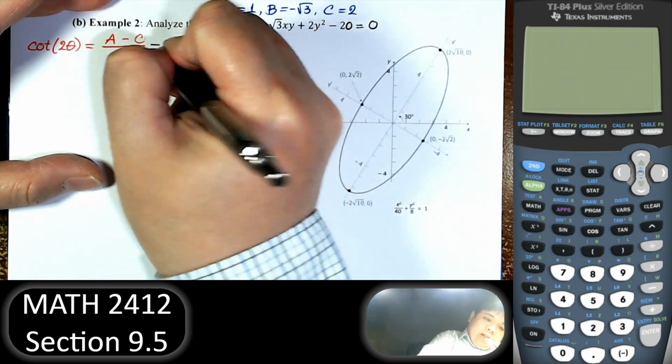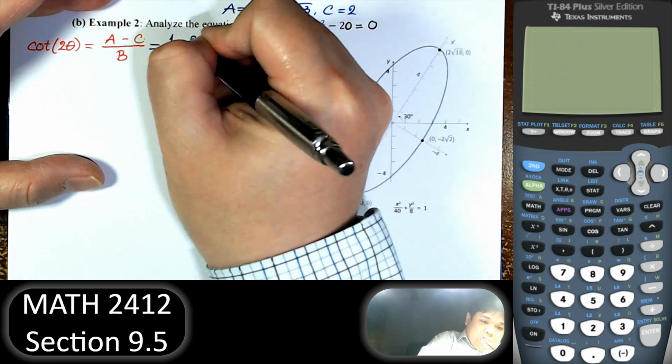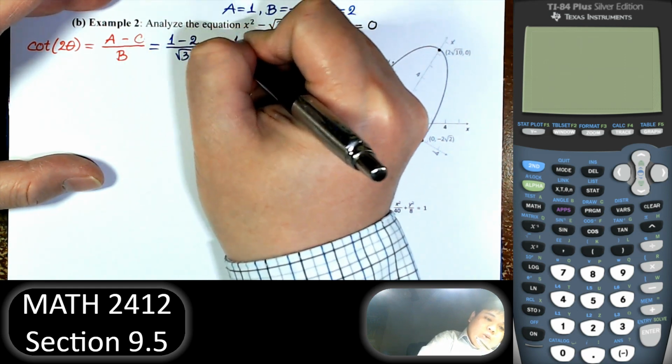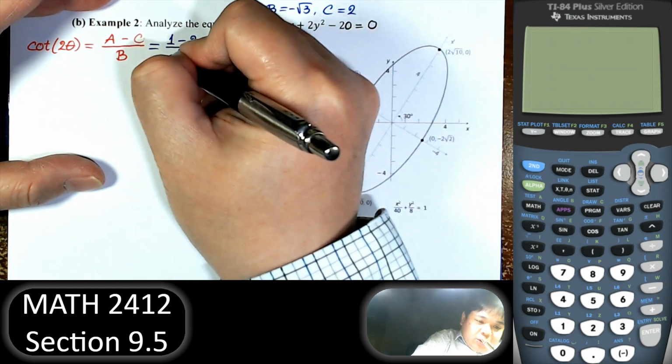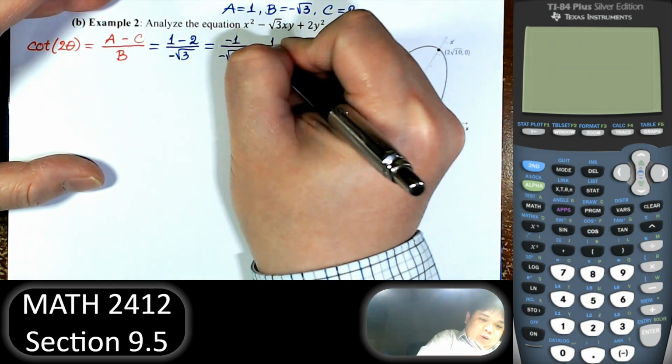I substitute in here 1 minus 2 divided by negative square root of 3. So negative 1, divided by negative square root of 3, is 1 over square root of 3.